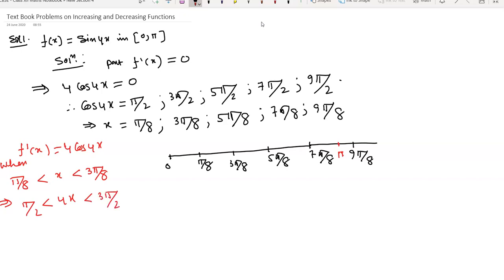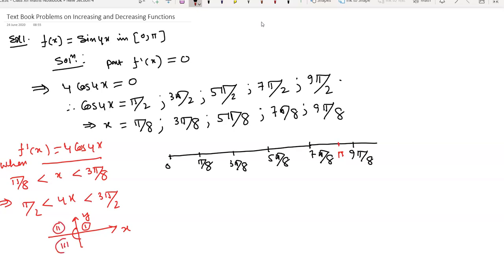What is the sign of 4 cos 4x in this interval? Because this interval is going to be pi by 2 to 3 pi by 2. This is the quadrant. Here, which two quadrants are involved? The second and the third quadrant.